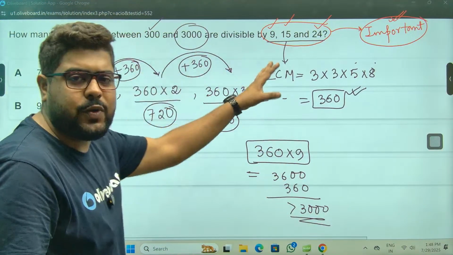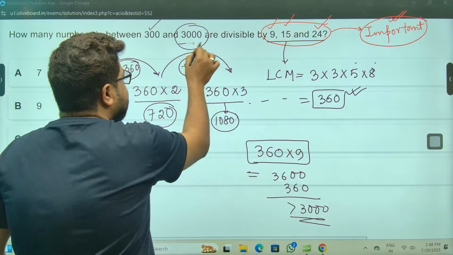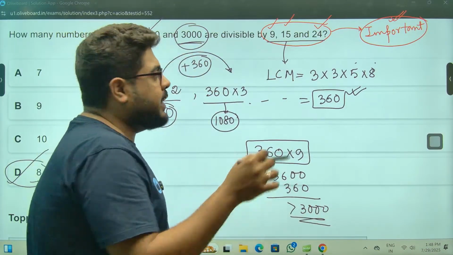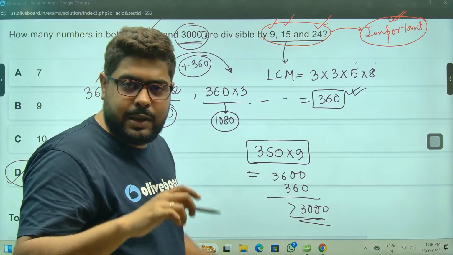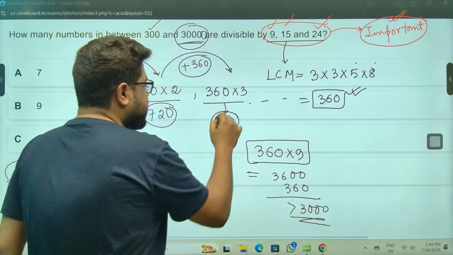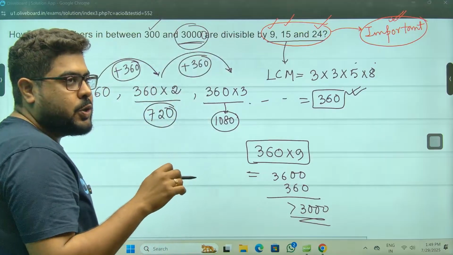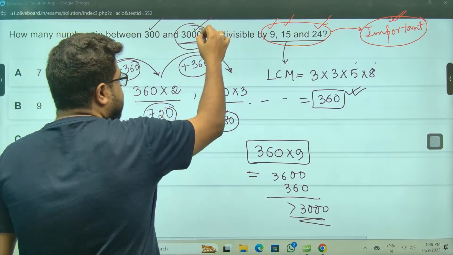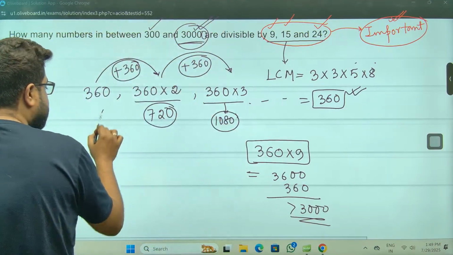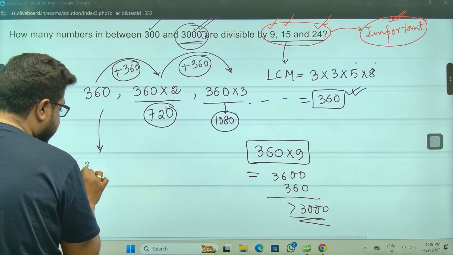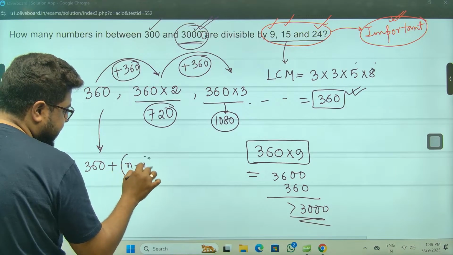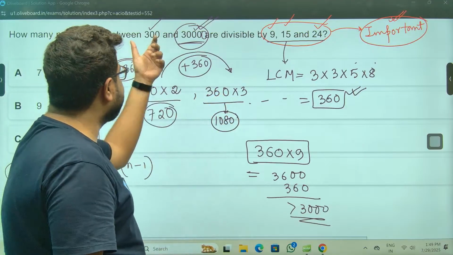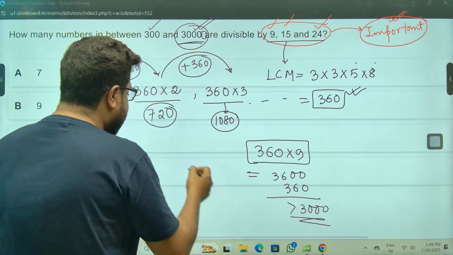Now why can I do it manually? Because the number is 3000 only. But if this was 30,000, then it would create a problem. So learn it properly. In that situation, we should go with an AP. So again, let's do it for 30,000. First term is 360 plus n minus 1, let's say n number of terms, into d.